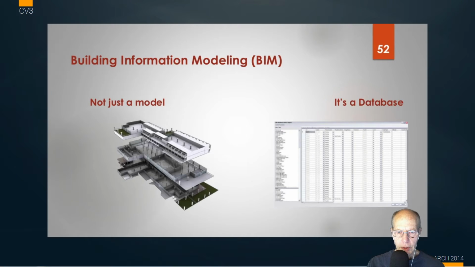And they say it's not just a model, and that's where building information management is really almost a more appropriate term. What this graphic is really illustrating is that while we think that we're managing a model like this, components and elements, they're really all tabular data. They sit in a database.